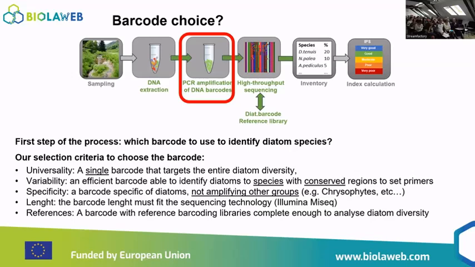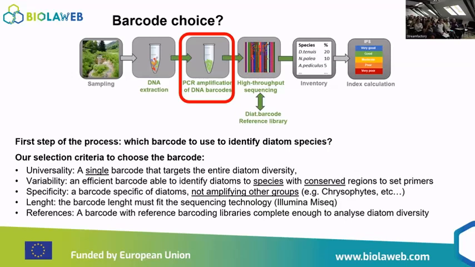Very, very good. So if I understood well, in the genome, we have introns and exons, or the parts that are conserved and those that are variable. So variability means that we have to choose a region which is a bit conserved, so that the species from the diatom class or the taxonomic group has that gene, but which is variable enough to distinguish species inside diatoms.